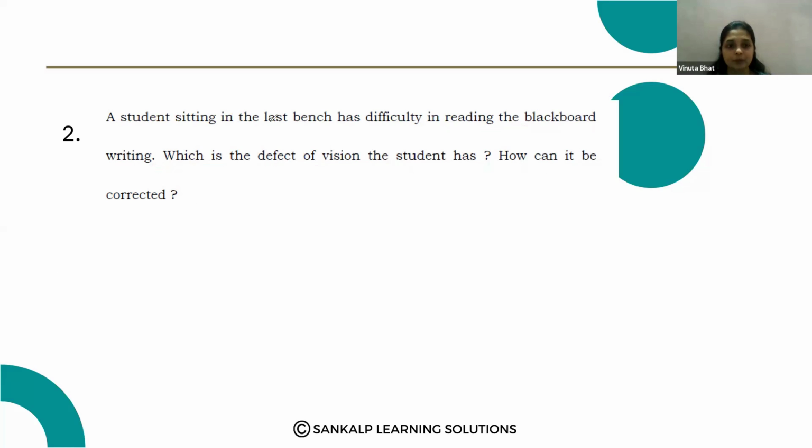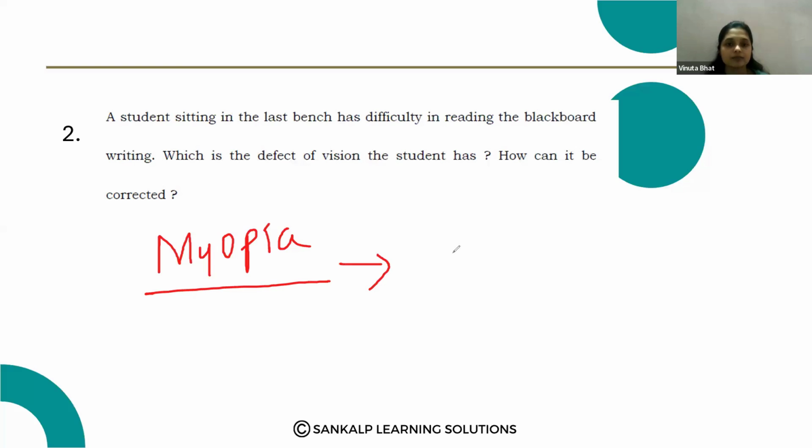The far object is not visible, the nearer object is visible. So the student has myopia or nearsightedness, and it is corrected by using a concave lens.